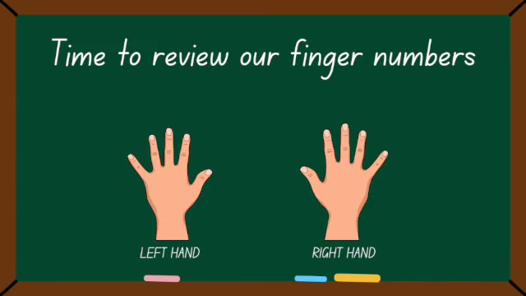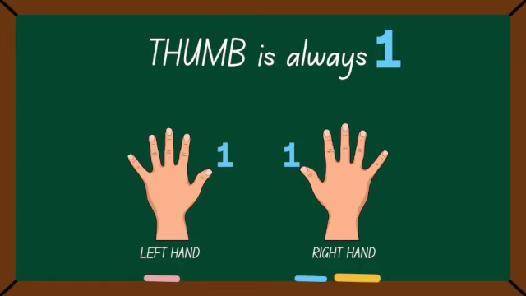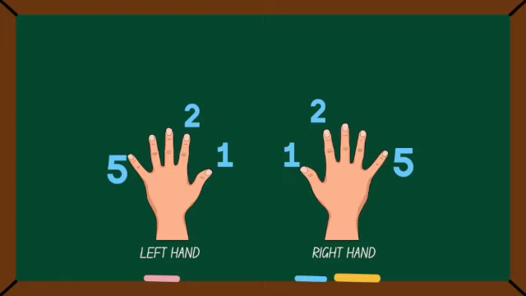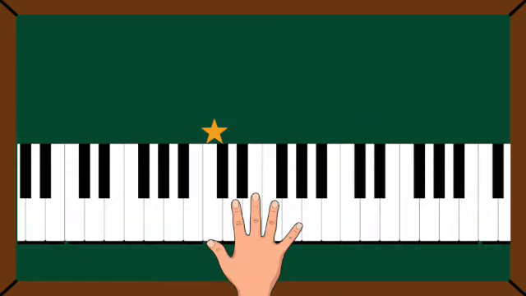All right, it is now time to review our finger numbers. So here we see our left and right hands. Remember that the thumb is always 1 and the pinky is always 5. From here, you can fill in the rest of the numbers. Pointer finger is 2, middle is 3, ring finger is 4. Imagine you are at your piano and you set your right hand in C position.